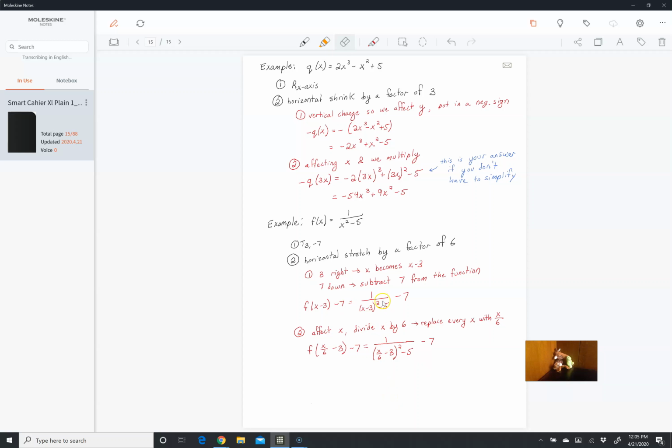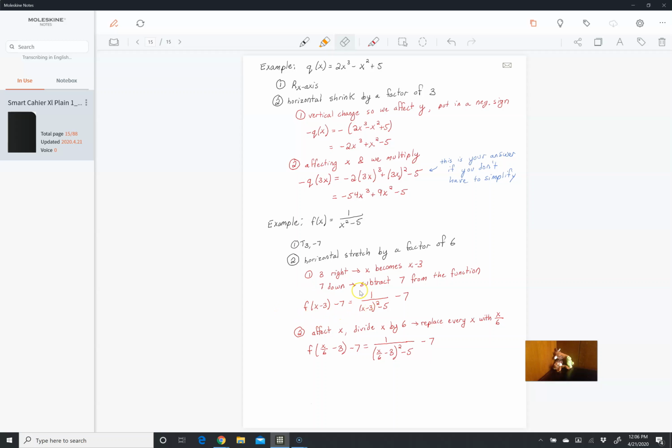So treat it one thing at a time. Say, okay, I'm affecting x, so this means whenever I see x, I'm dividing it by 6. So don't make it that you're looking at the whole thing all the time. If this had been a vertical stretch by a factor of 6, then this would have said, okay, multiply your whole function by 6. So you would have put this whole thing in parentheses, and then you just would have put a 6 in front of it.